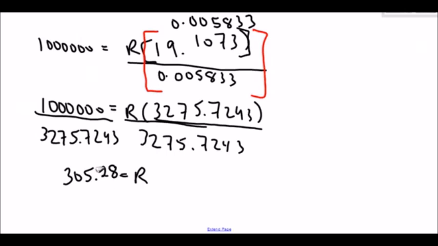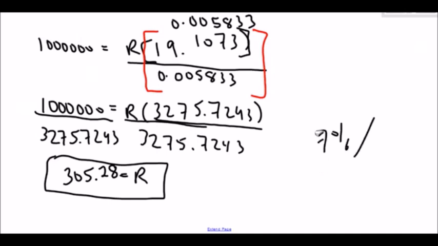So if starting now you had $305.28 and you found an account that paid you 7% interest per annum, compounded monthly, and every month for the rest of your life until you're 60 you deposited $305.28, when you're 60 you'd have that lovely $1 million.